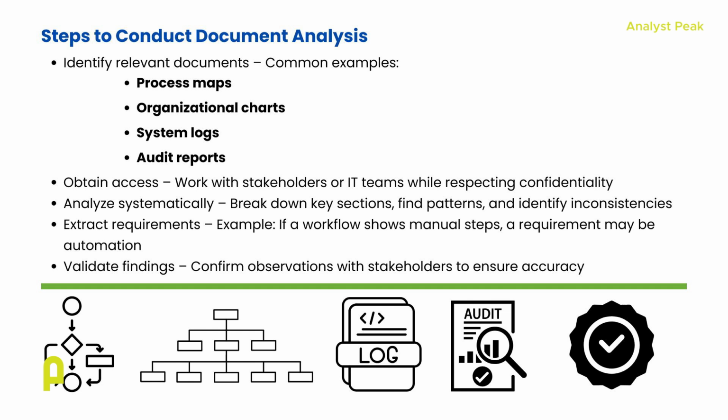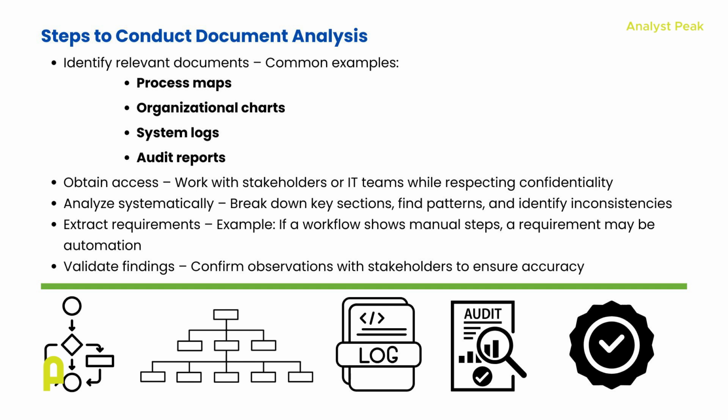Collaborate with the stakeholders or IT teams to gain access to these documents. Be mindful of confidentiality and request permission where needed. Number three, analyze systematically. Break it down. Focus on sections that are most relevant to the project. Look for patterns, inconsistencies, or areas of concern.